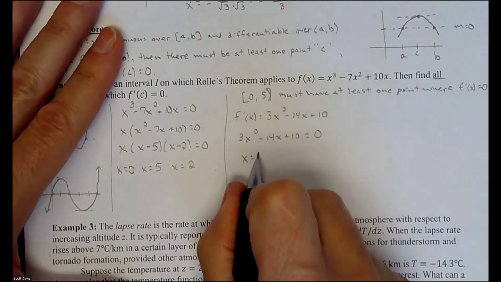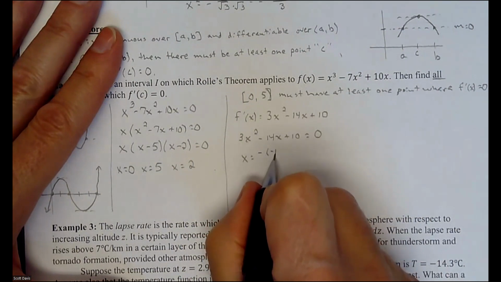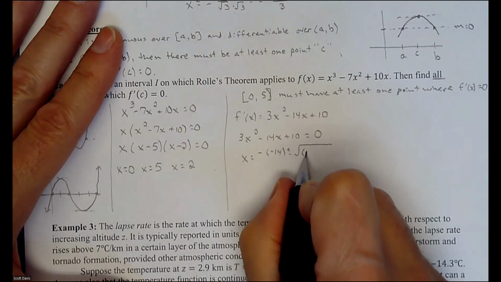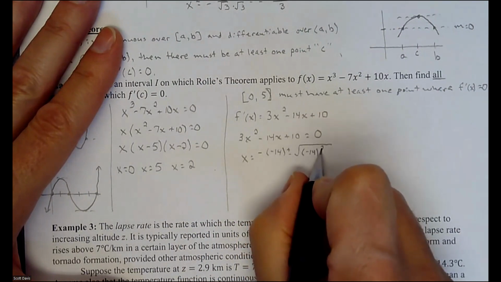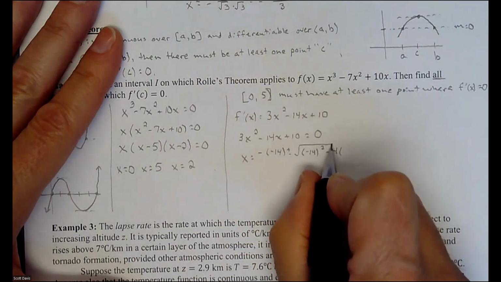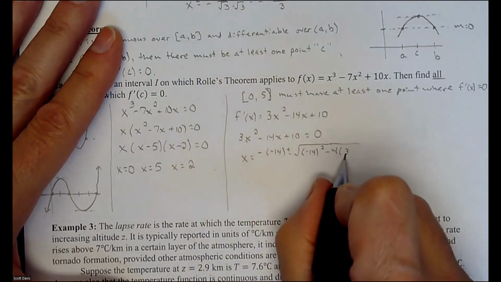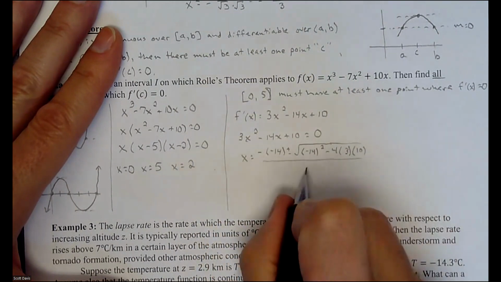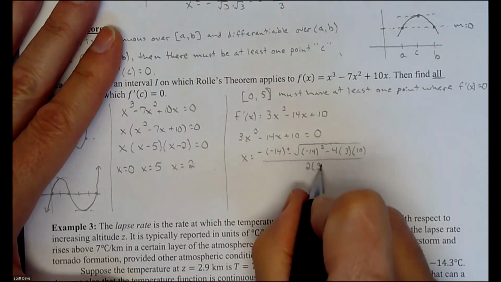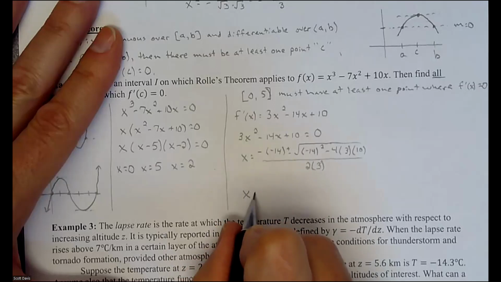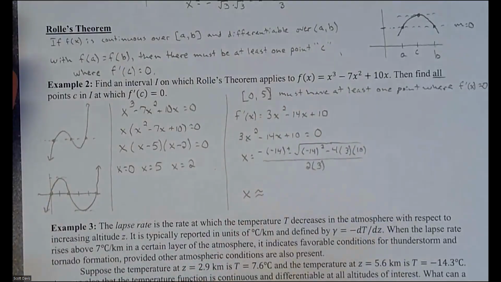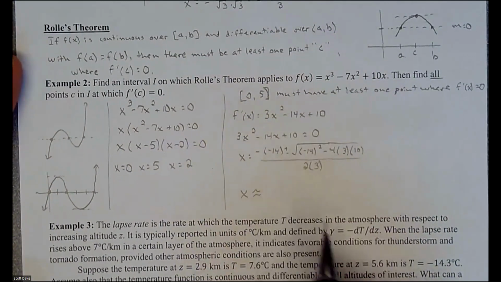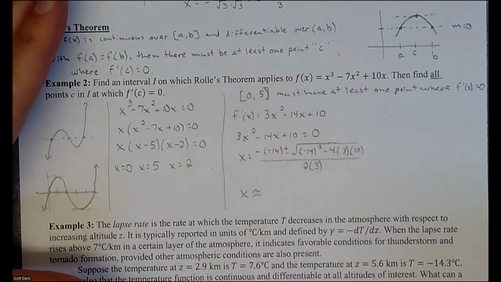So I would be doing negative b, which is negative 14, plus or minus the square root of b squared, so negative 14 squared minus 4 times a, which is 3, times c, which is 10, divided by 2 times a. And if I plug that into a calculator, I should get values between 0 and 5. So that's what double checks that we're doing everything correctly.